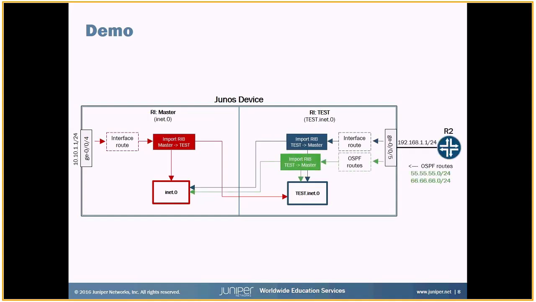We have attached another router here that's feeding in some OSPF routes. Those OSPF routes are coming into the test routing instance. And again, we're going to use the import rib statement, and we're going to share those routes from the test routing instance over into the master inet.0 routing table in the master instance. So let's take a look and see how it goes.